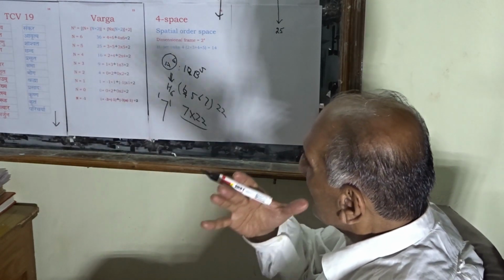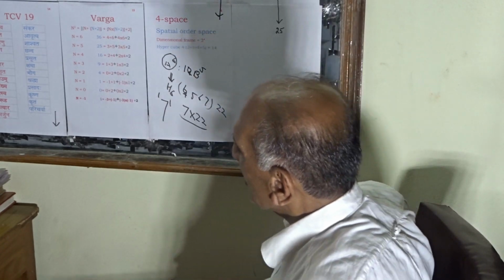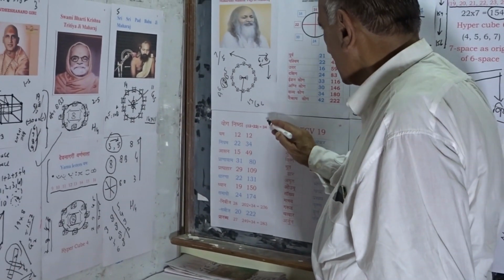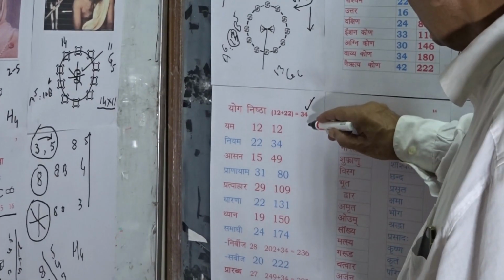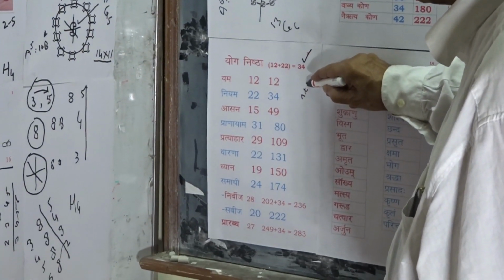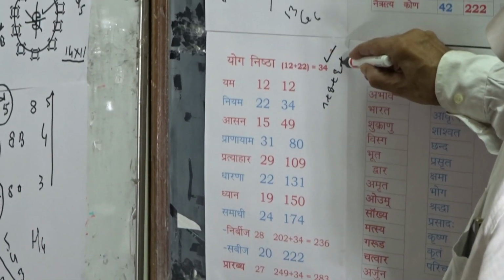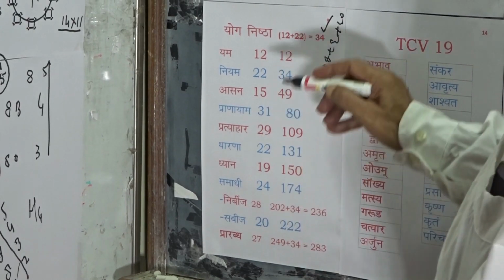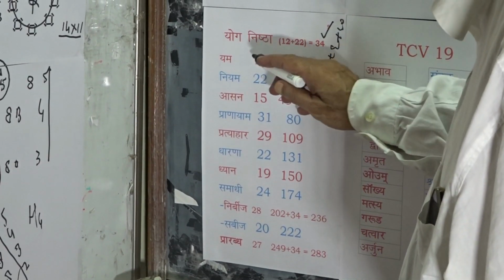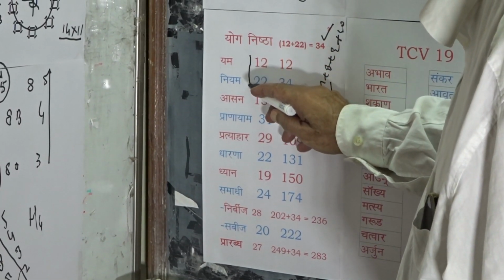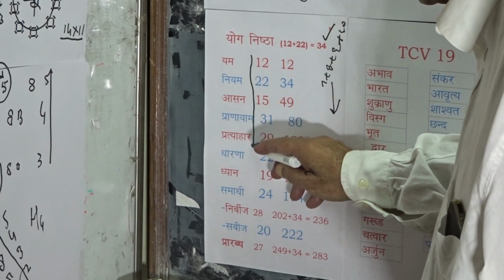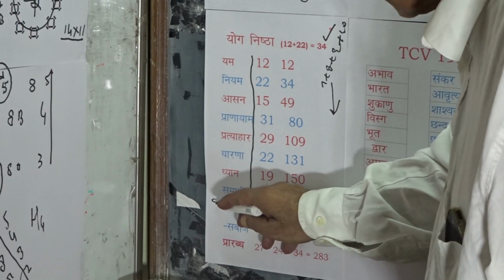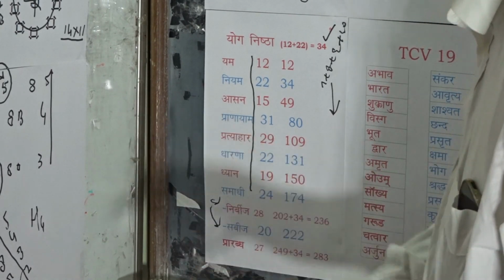format for the transition. For the Yoga Nishtha, we know that Yoga Nishtha formulation is of TC value 34, which is of 7 plus 8 plus 9 plus 10, and it is here that 7 space is playing the role of a dimension. Further, we know that Yoga Nishtha is taking us to Yam, Niyam, Asan, Pranayam, Pratyahar, Dharana, Dhyan, Samadhi as Nirbij Samadhi and as Sabij Samadhi.